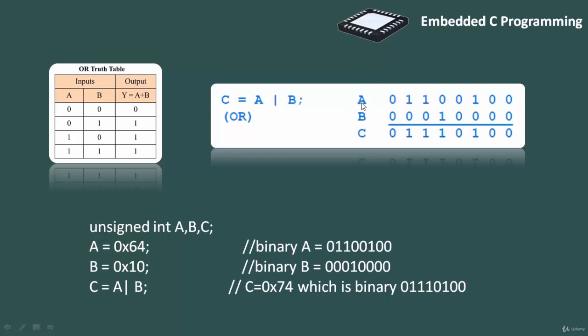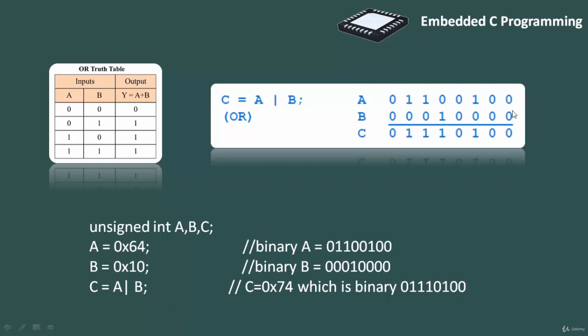Let's consider we have stored 0x64, this number, in variable A, and 0x10, this hexadecimal number, in variable B. And if you perform OR operation on these two variables, the output will get stored to variable C. Now let's do the OR operation. Here the first bit of A is ORed with the first bit of B, second bit of A ORed with second bit of B, and so on.